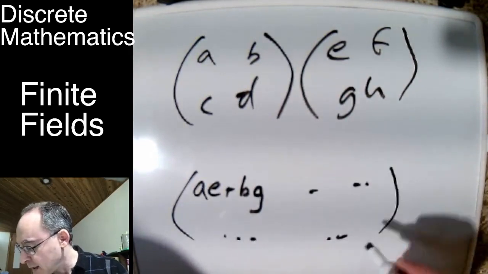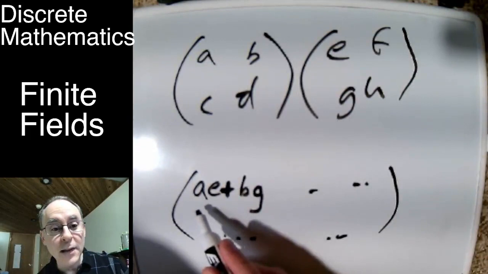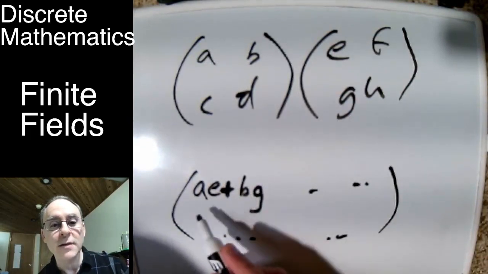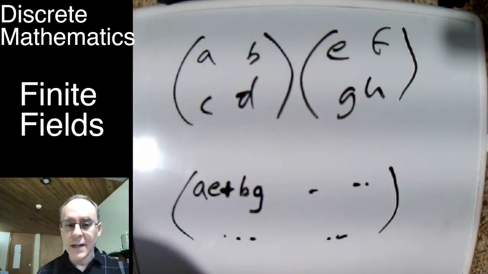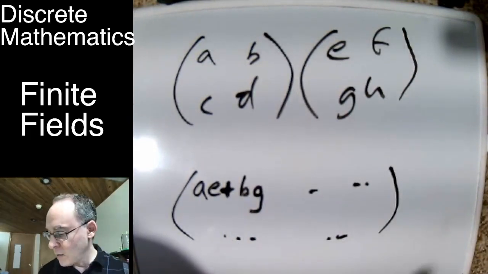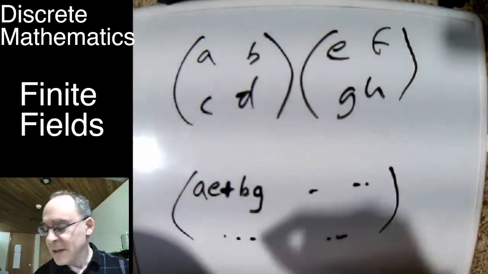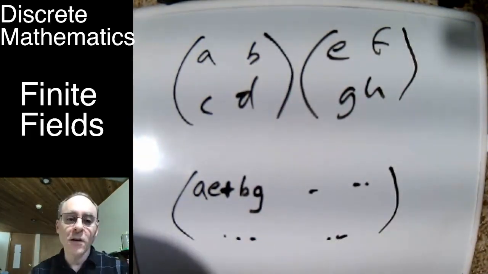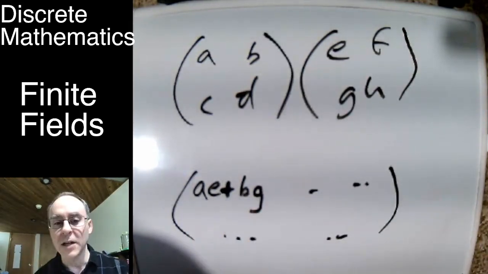I don't need to fill all that out, but my point is we need these elements of the matrix to be a field. We want both addition and multiplication, and we want them to work in the nice ways we expect. And if we want these matrices to be invertible, then we also need invertible addition and multiplication with the elements.